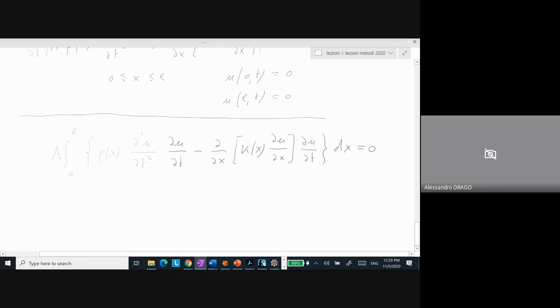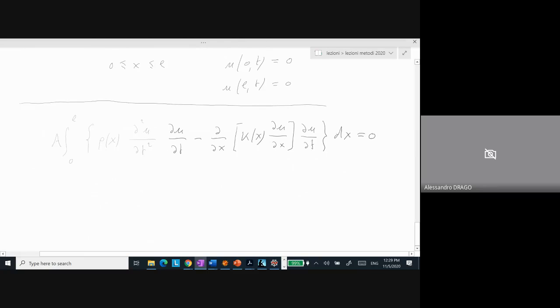So just to do a little manipulation, for instance, let's take the second term, the one containing the space derivatives, and we can rewrite it by performing a partial integration. So let me do that.